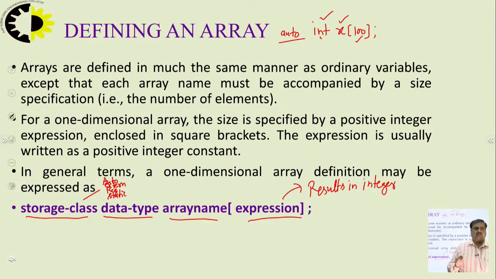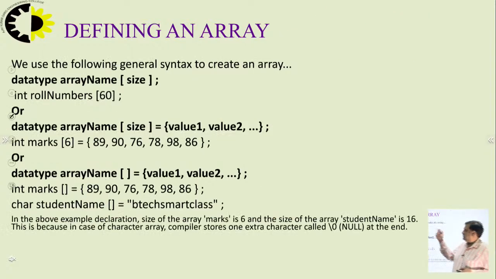It will reserve, like here in this case, 4 into 100 bytes in the memory. So 400 bytes will be reserved in the memory. In such a situation, something like integer roll number[60] may be a different kind of array. So this is how we can declare.